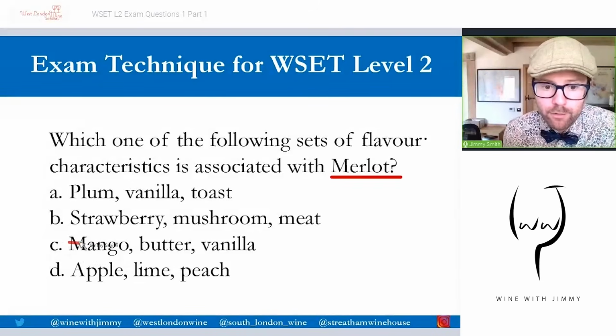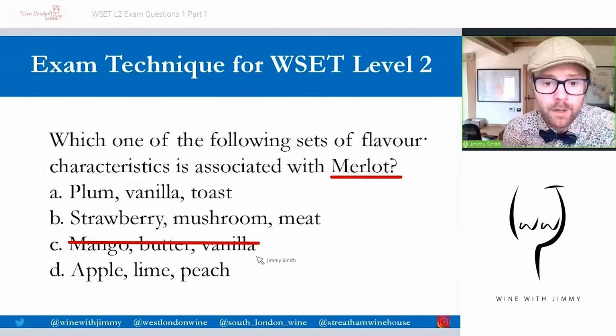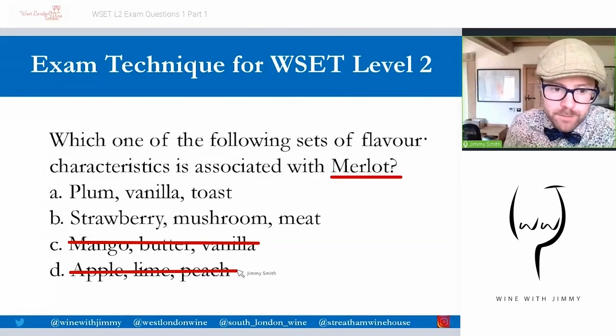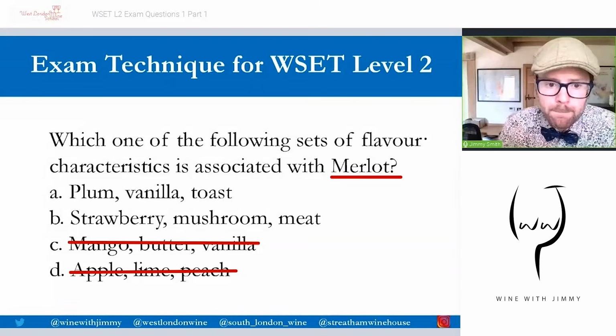So we can immediately get rid of this one here, as mango, butter and vanilla would typically be found in white wines, generally quite ripe and warm climate white wines. Apple, lime and peach, maybe a descriptor there for Riesling, is a white wine. So we're left here with plum, vanilla, toast, and then strawberry, mushroom and meat.